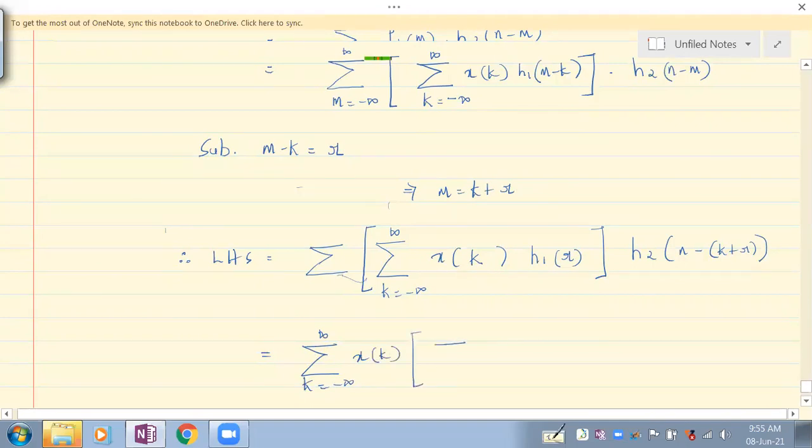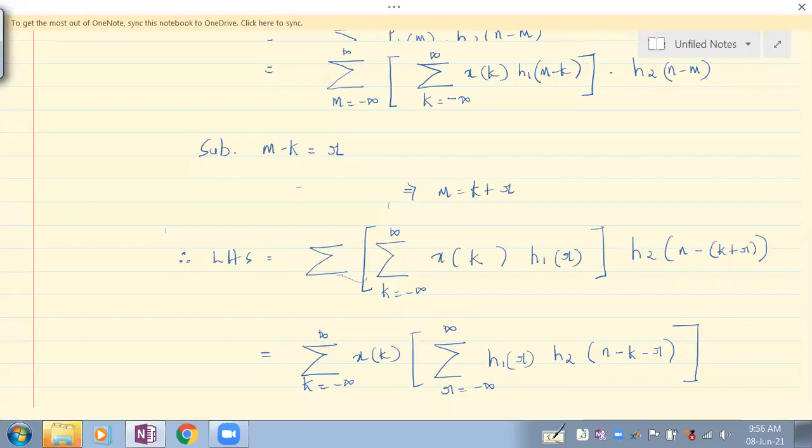Then we shall start with this summation, wherein we will have h1 of r into h2 of n minus k minus r. So which variable will run in this summation? r will run because it is h1 of r, right? So r will run from minus infinity to plus infinity.